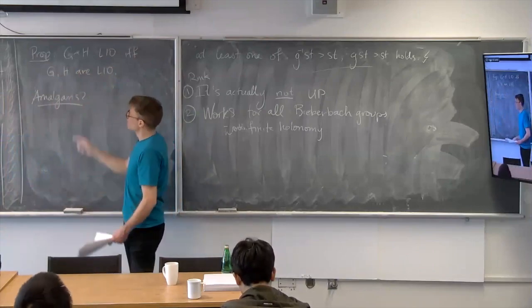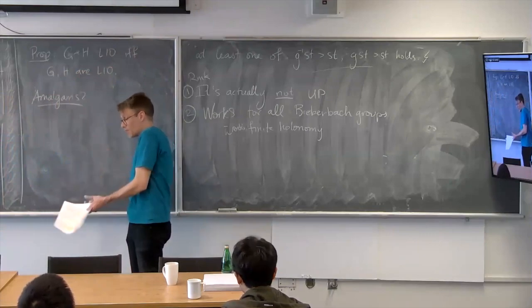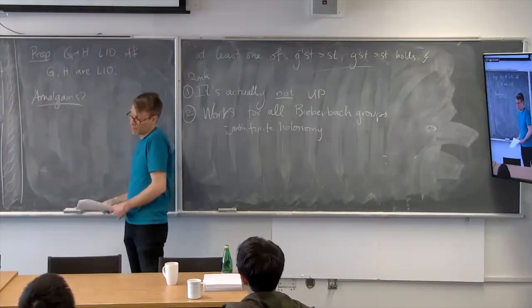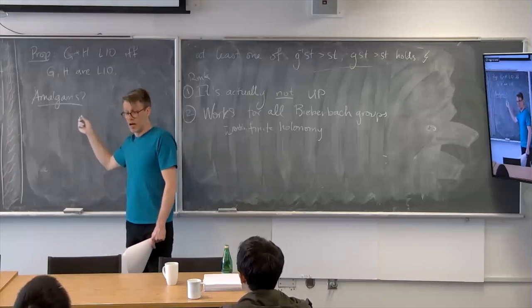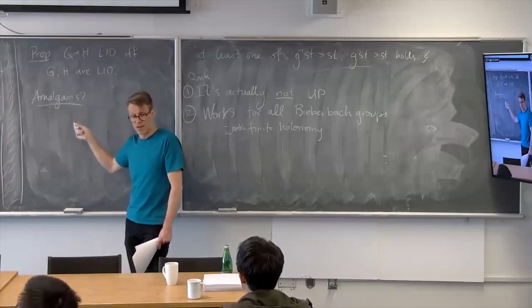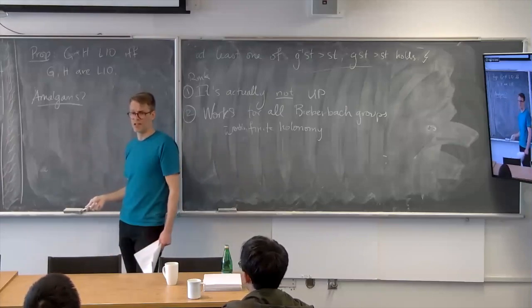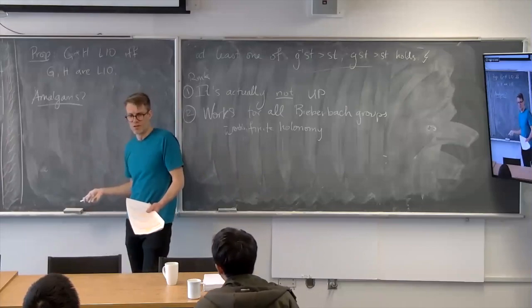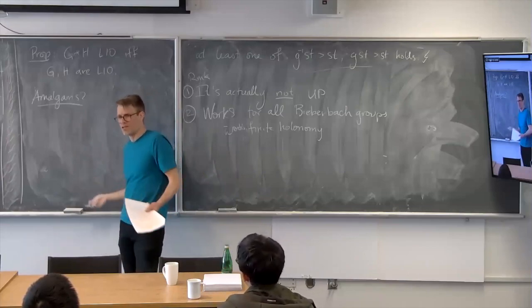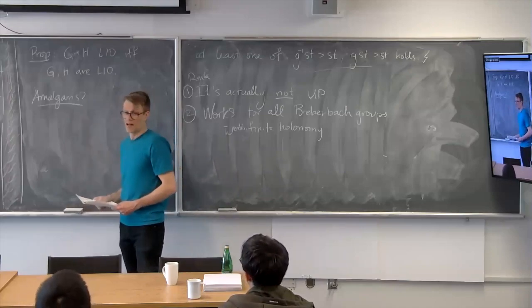And maybe you could start with pieces that are LIO and get something that's LIO but not left orderable. But the fact is, we don't have necessary and sufficient conditions, that I know about at least, for an amalgam of LIO groups to be LIO. And the conditions that we do have in the literature are exactly situations where left orderability would be preserved. So you don't find yourself getting outside of the class of LO groups by doing amalgams of LIO groups.